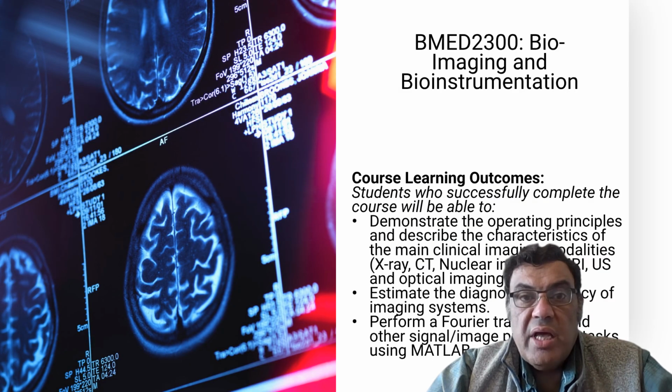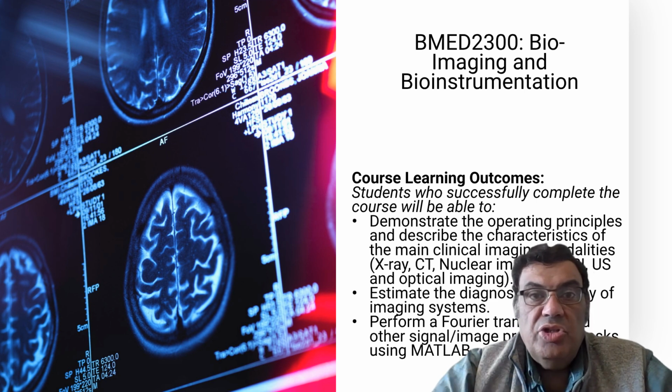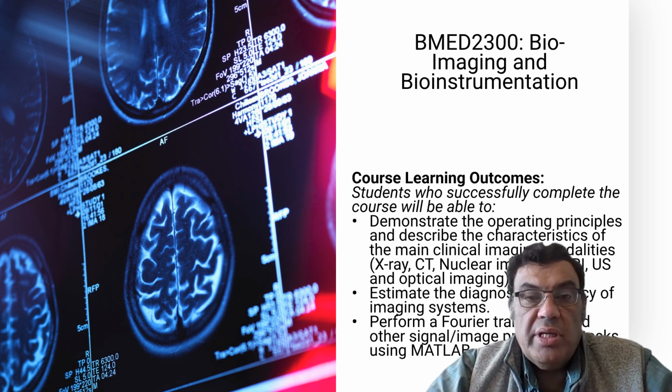The course learning outcomes focus on helping students understand the operating principles and characteristics of major clinical imaging modalities, including X-ray, CT, nuclear imaging, MRI, ultrasound, and optical imaging. Students also learn about image quality, diagnostic performance, and basic performance metrics of imaging systems.